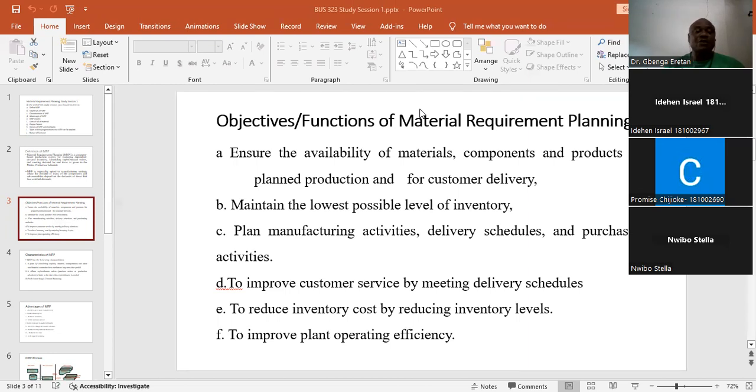And these raw materials are available for the machine to carry out productive activities at all times. And this will help to forestall the idleness of the machine. In other words, the machine will be able to work at efficient capacity.